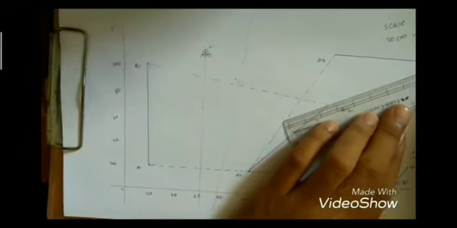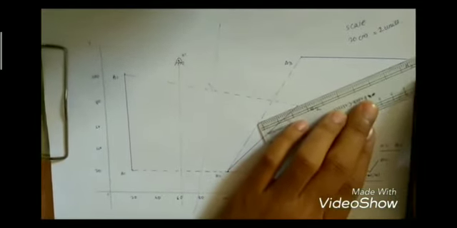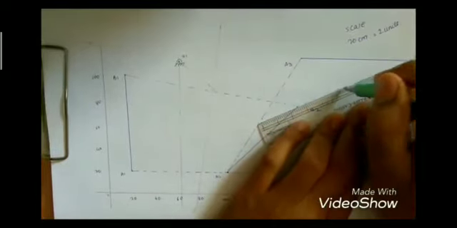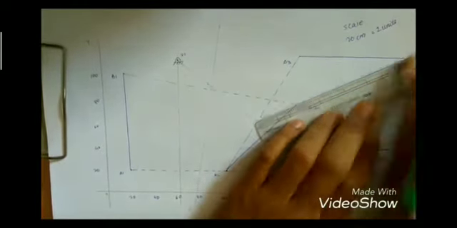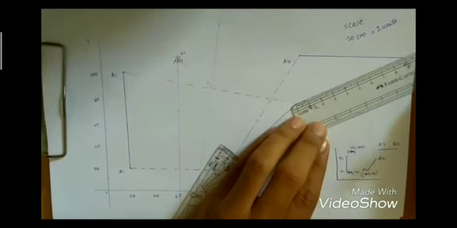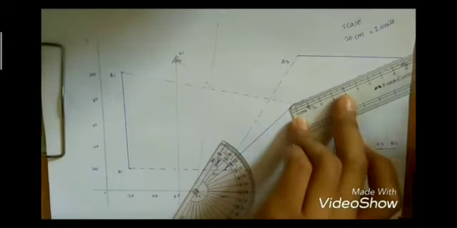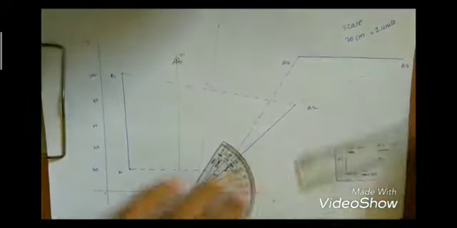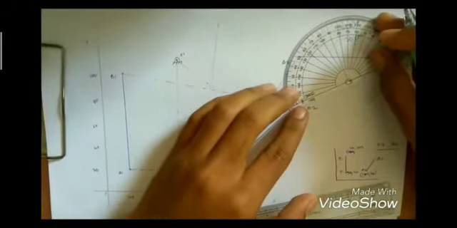Make sure you are very much accurate in joining the points, because if the points are not aligned to each other, you may get various readings from your friends which may cause trouble in the examination. And so to avoid the trouble, use proper scale. This is 9 cm, so 4.5 will be the midpoint.